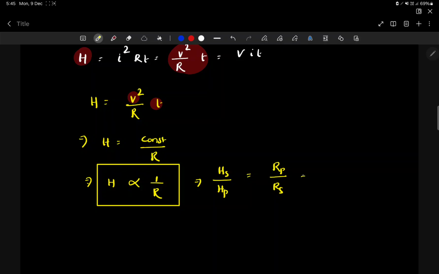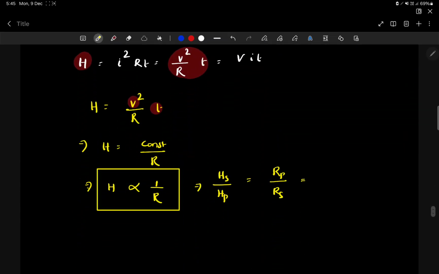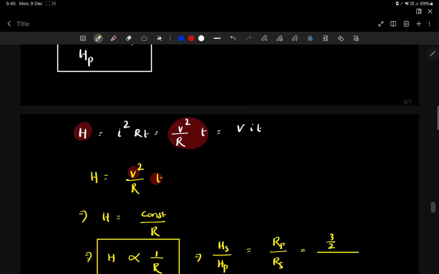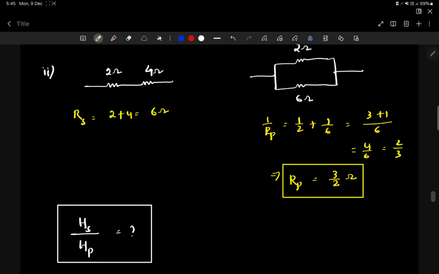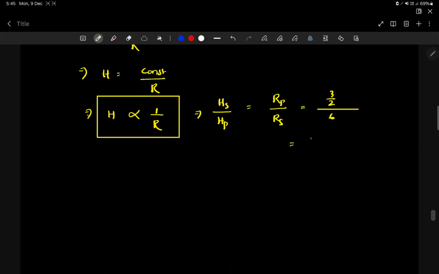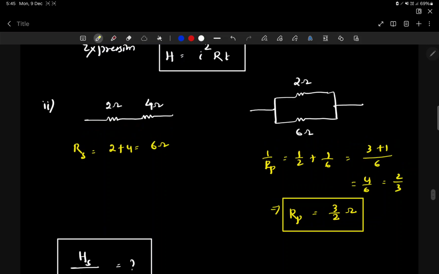Okay, so as H is proportional to 1 by R, Hs by Hp equals Rp by Rs. So what is the value of Rp? Rp value is 3 by 2 and Rs value is 6. So it will be 3 by 2 into 1 by 6. So when they are in parallel, 2 ohm and 6 ohm.